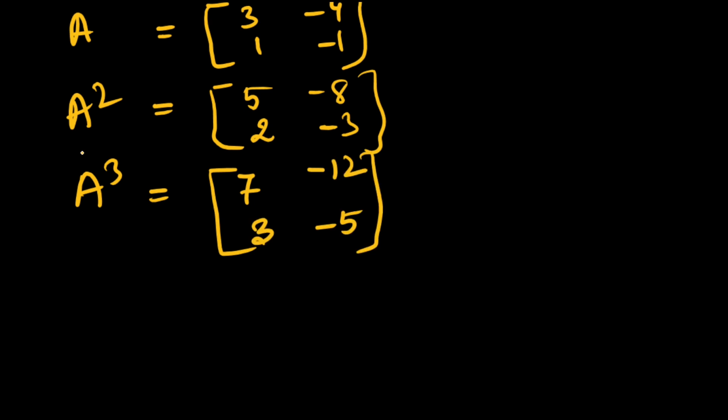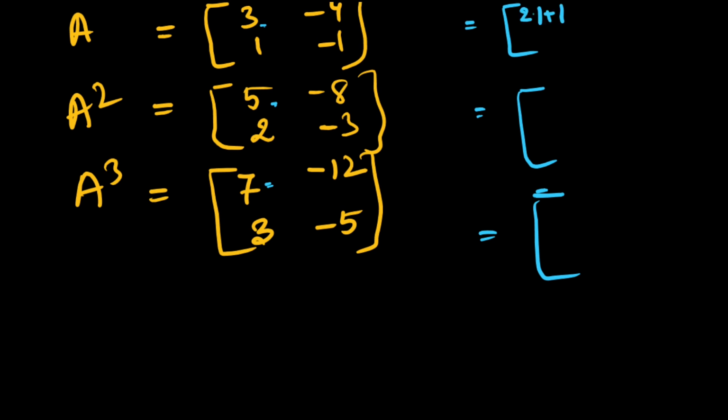If you focus on the first element, that is 3, 5, 7, these are odd numbers, which we can write as 2.1 plus 1, 2.2 plus 1, 2.3 plus 1, that is 2 times the power plus 1.